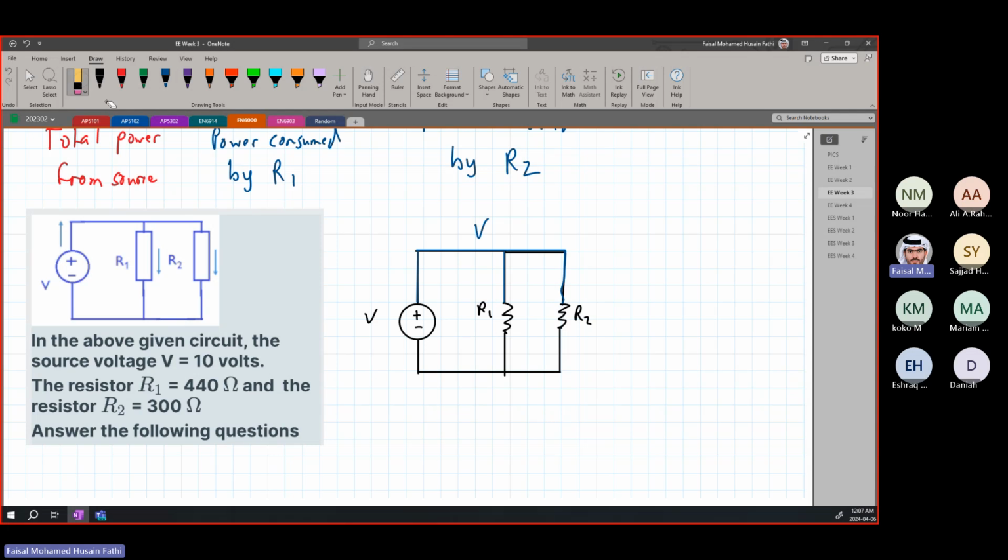So this V is the same as this V from the source itself. So you notice that the voltage source itself, the voltage going to the components is equal in both cases. The voltage is not changing. So V is equal to V1, which is equal to V2, which is equal to V total, the total voltage. All right? Because it's not going through any components.